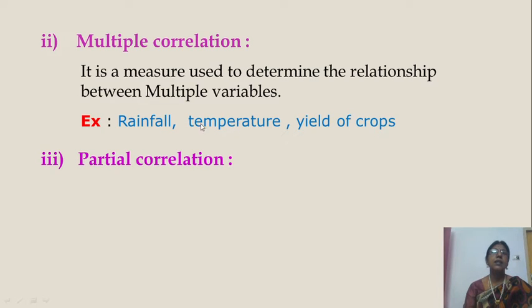Let the towns be the variables here. There are so many variables, multiple variables. So this correlation is called multiple correlation.